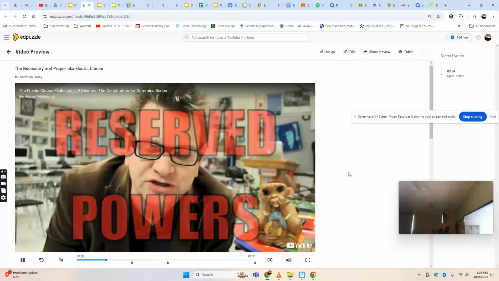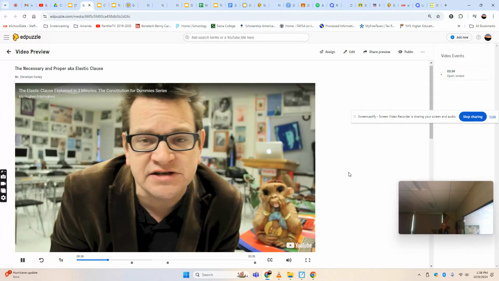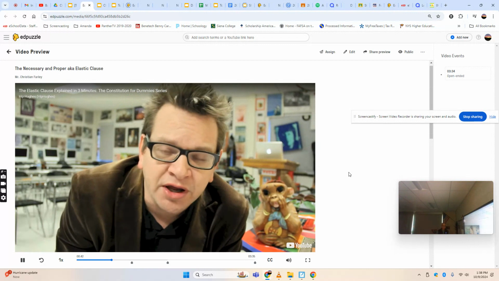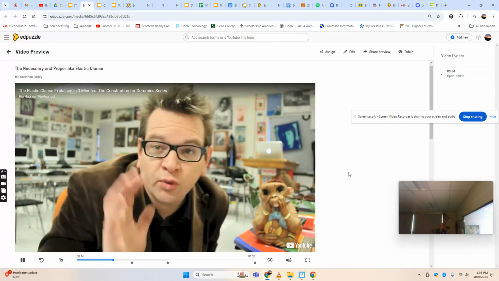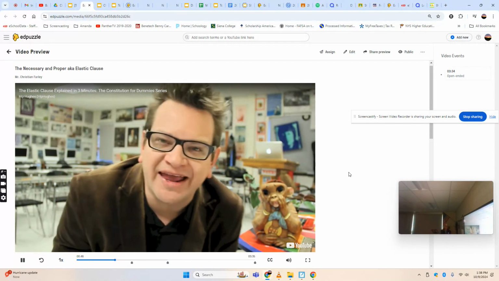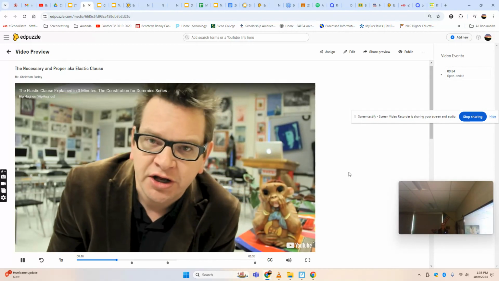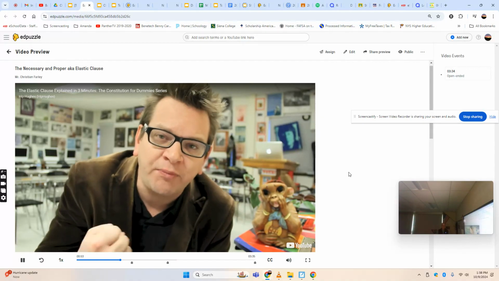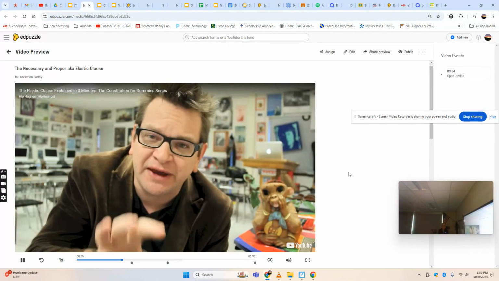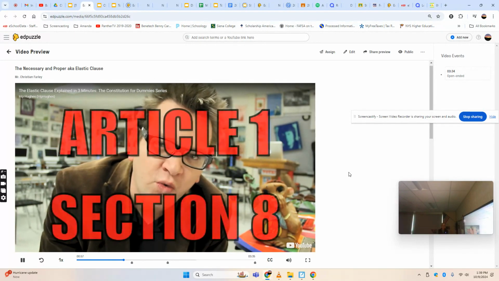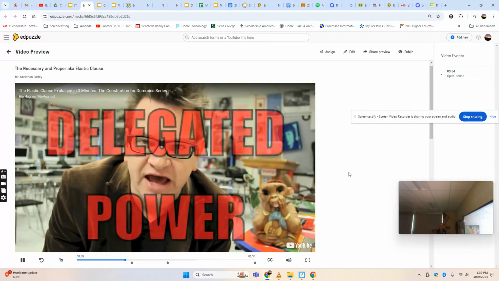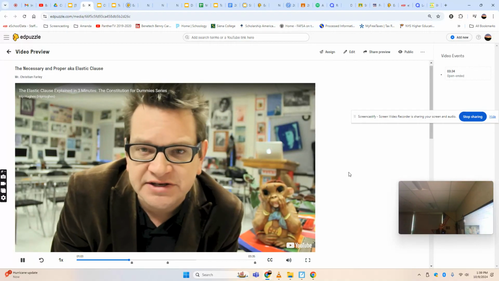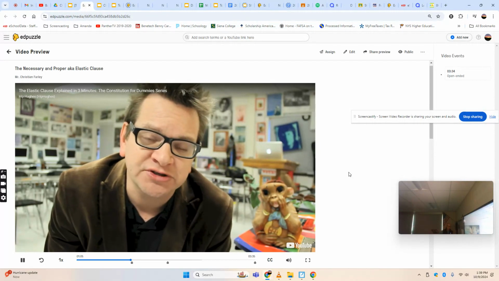The 10th Amendment reserved power states that anything that's not in the Constitution, that's not given to the federal government to do, is reserved for the states, which means that the federal government gets its power from the Constitution. So when we look at the Constitution and we look for governmental power, federal power, it's really all over, but its biggest concentration is in Article 1, Section 8. This is called delegated power. Article 1 is legislative, and Section 8 is a list of delegated power. We can start with some really big ones.